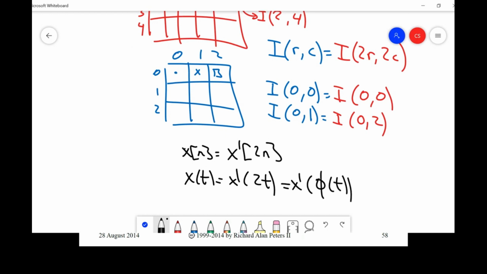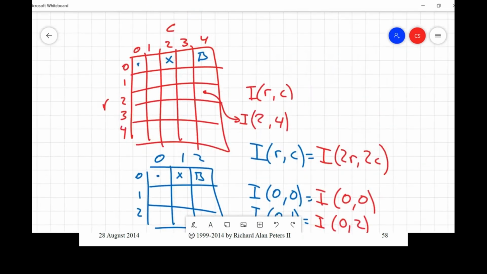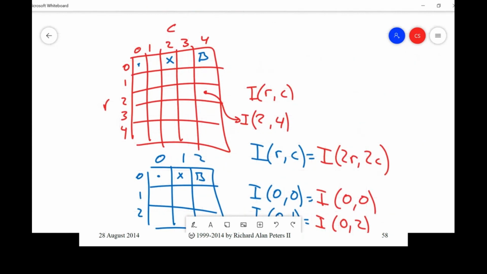So you can put any function phi that transforms coordinates or arguments in one of the functions into coordinates of the other function. Okay, so actually at some moment we will expand that idea quite a lot.